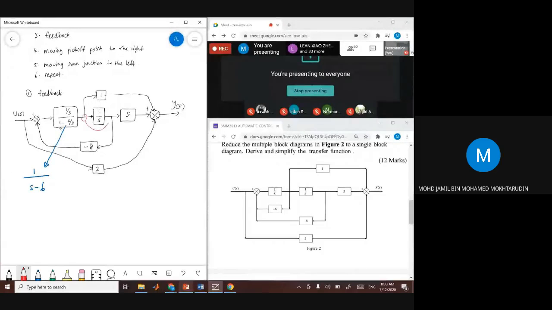Okay, so if you move the pick-off point first, then you need to consider multiplying with these two boxes, minus 6 and 1. But since you feedback first, then if you move this pick-off point, you only need to consider this box on top here, the box 1 here. Okay, so the second step is moving pick-off point.